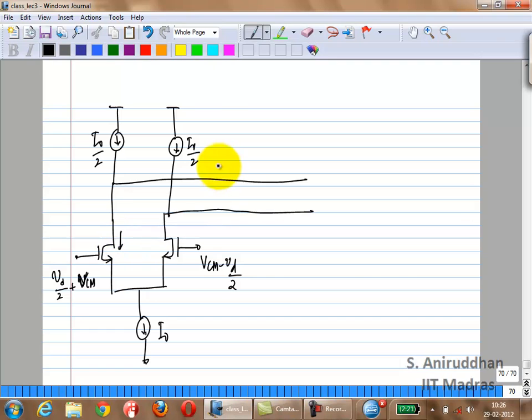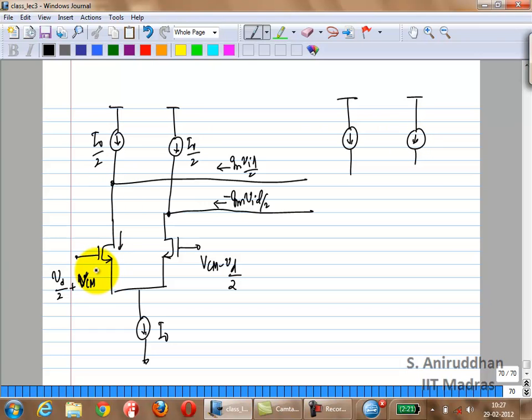So what are the currents flowing here? Minus GMVID by 2. Correct? Okay. So now you want to find a way to send this through a PMOS. Now these two current sources bias the differential path.